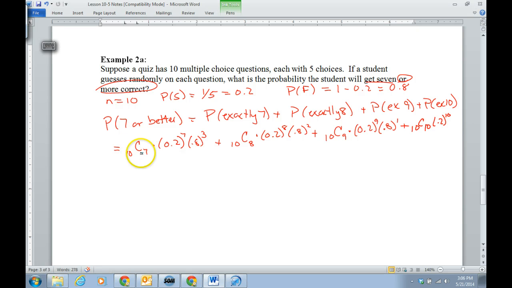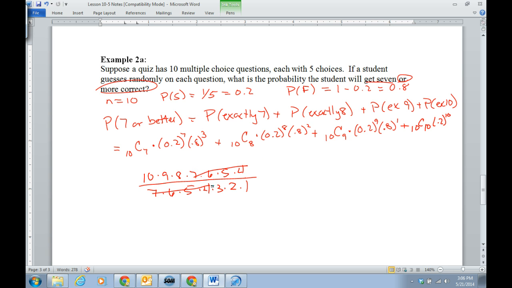So remember, 10 choose 7, that would be the same as me saying 10 times 9 times 8 times 7 times 6 times 5 times 4, all the way down 7 slots, right? 1, 2, 3, 4, 5, 6, 7. Then 7 times 6 times 5 times 4 times 3 times 2 times 1. And 7 through 4 cancel out.